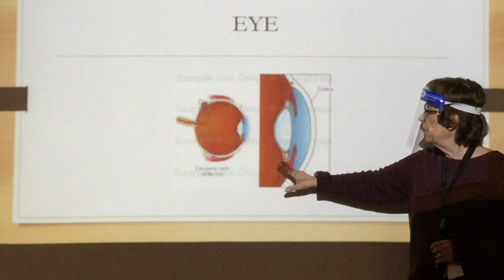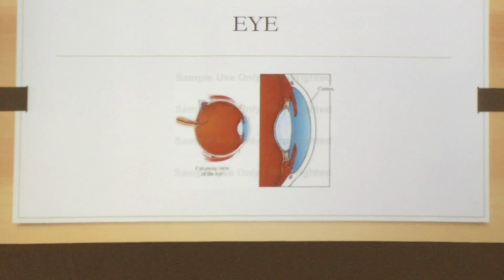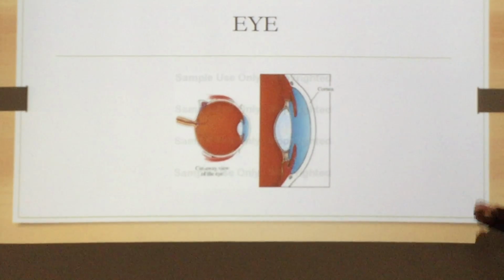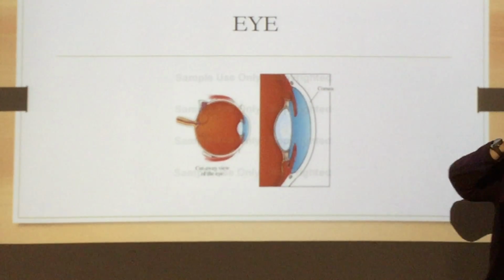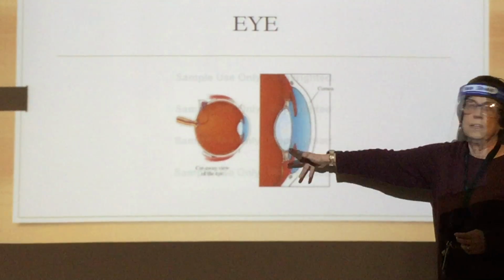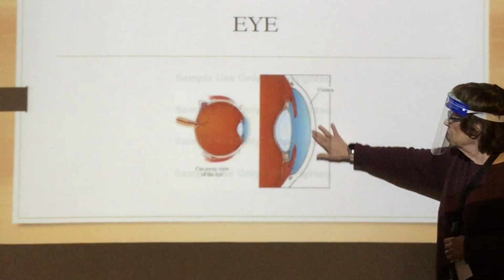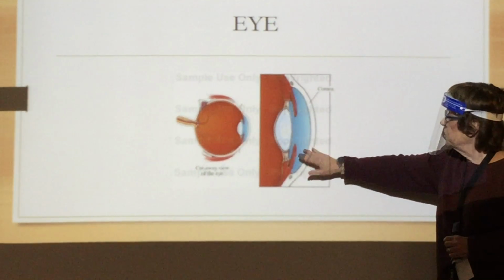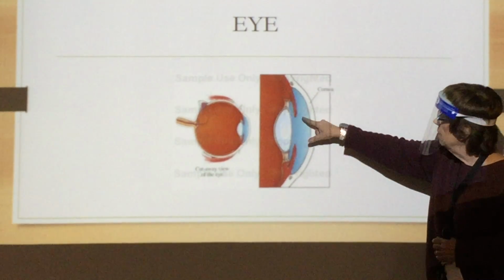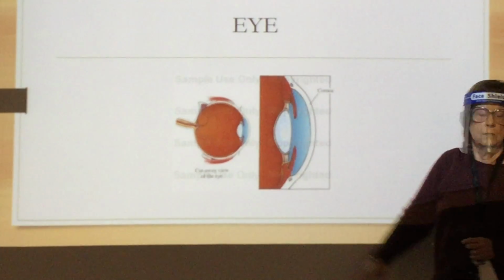Now the lens has some very strong muscles attached to it that are called ciliary muscles. These will either lengthen or shorten the lens, which facilitates focusing. The light comes in, goes through the cornea, goes through the anterior chamber, goes through the aqueous humor, goes through the pupil. Now it's going to pass through the lens.